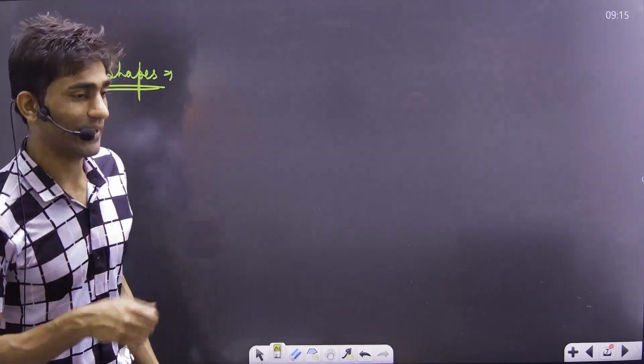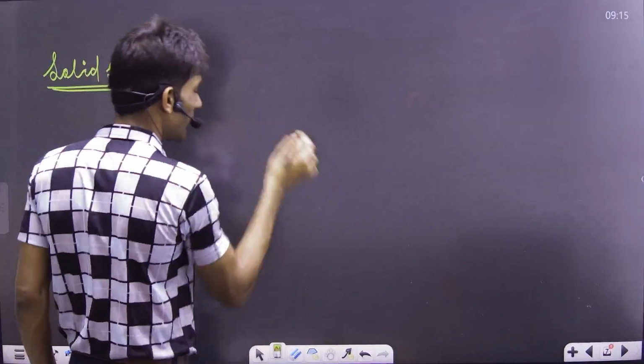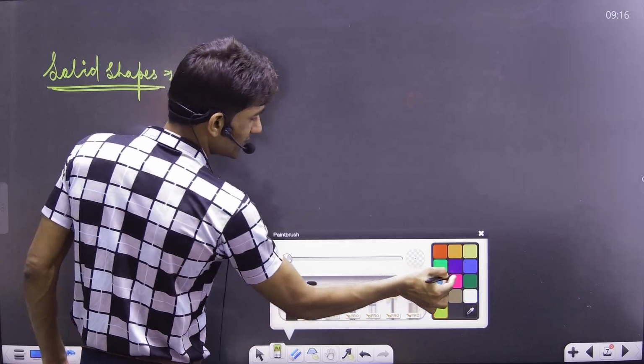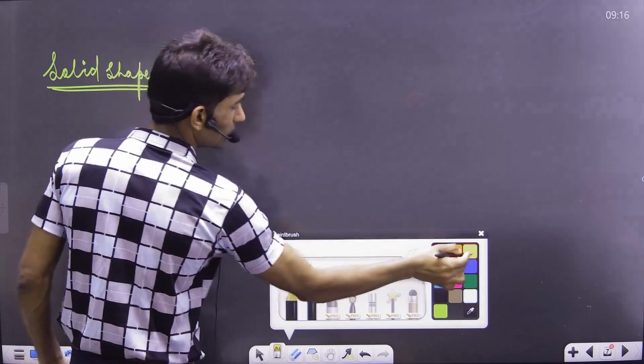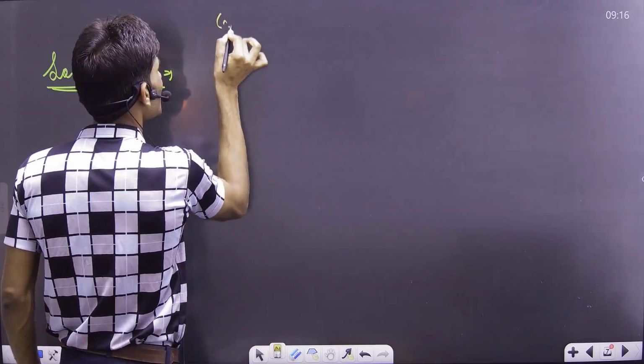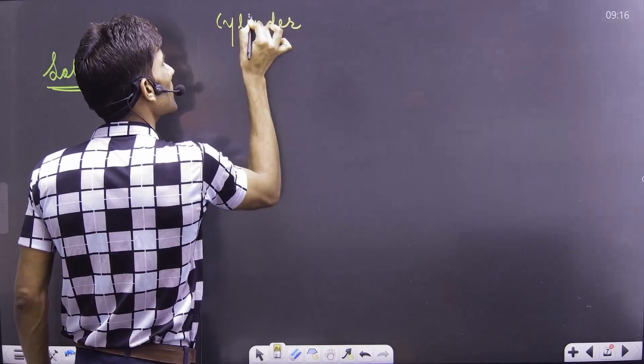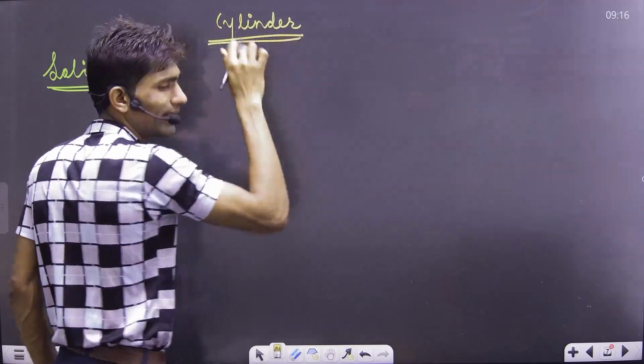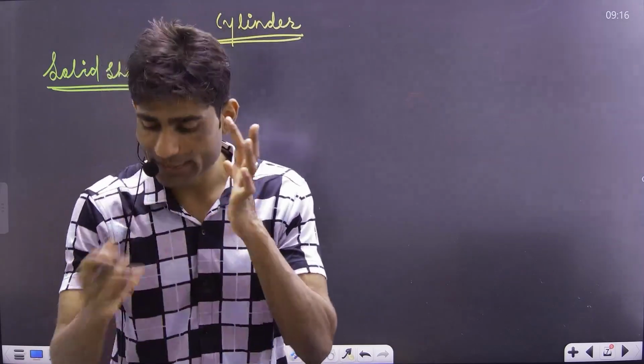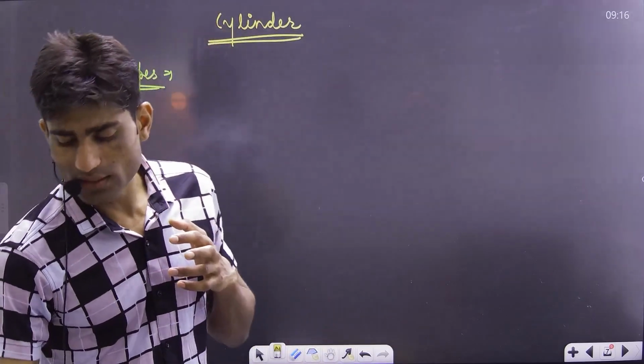Our first solid shape is the cylinder. Now what do you know about a cylinder? Let me make one figure for you.